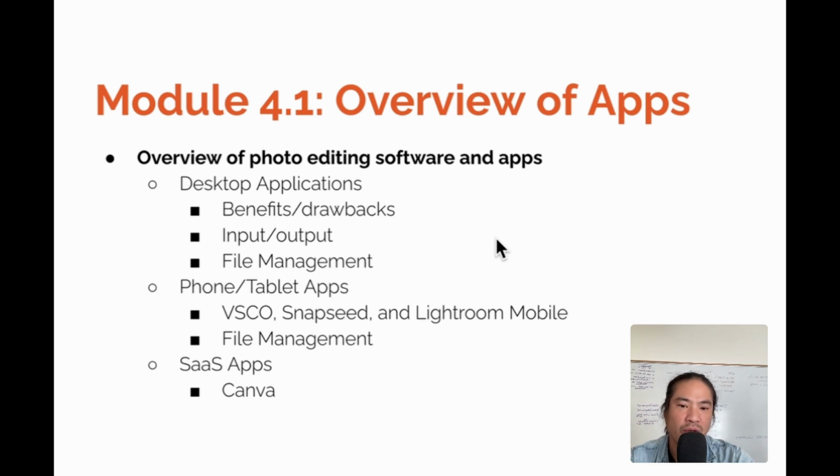So on the phone or even on your tablet, you can download VSCO, you can download Snapseed, or even Lightroom Mobile. But honestly, just the editing app that comes pre-built with your phone and your camera is probably going to be just good enough. And especially if you're shooting in RAW mode, that's going to really help you in the end.